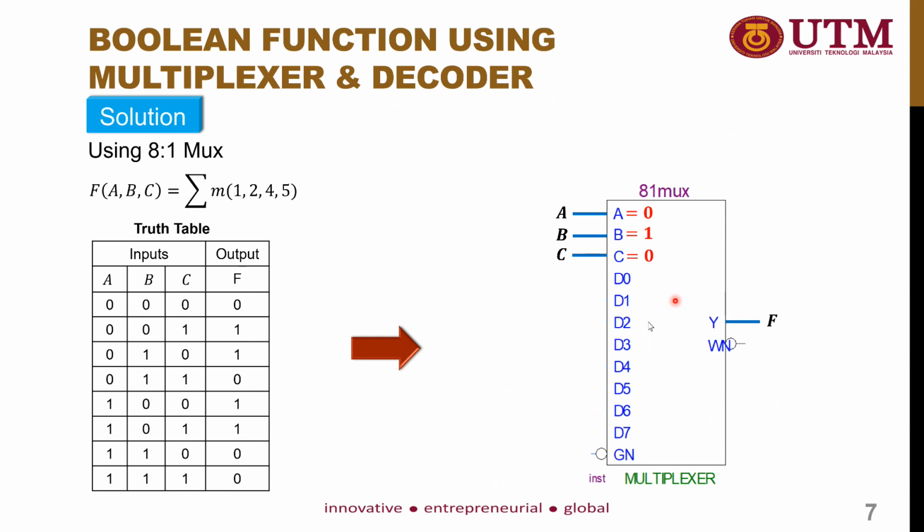Obviously, we go to the next input, which is D2, so F is equal to D2. This cycle goes on and on until it reaches 1, 1, 1, where A is equal to 1, B is equal to 1, and C is equal to 1. In this situation, the output F will become D7.